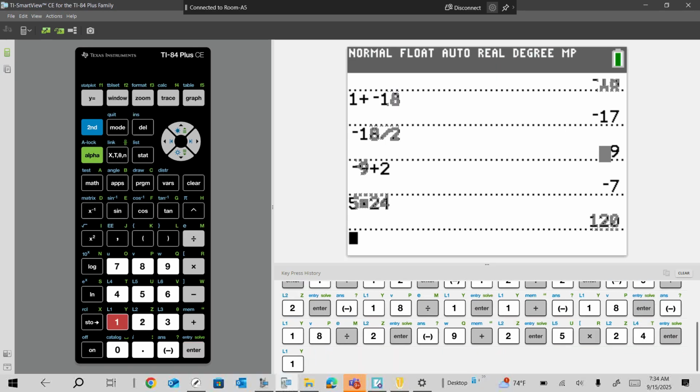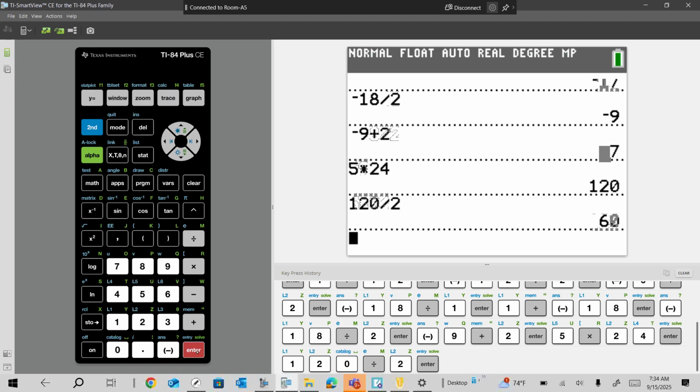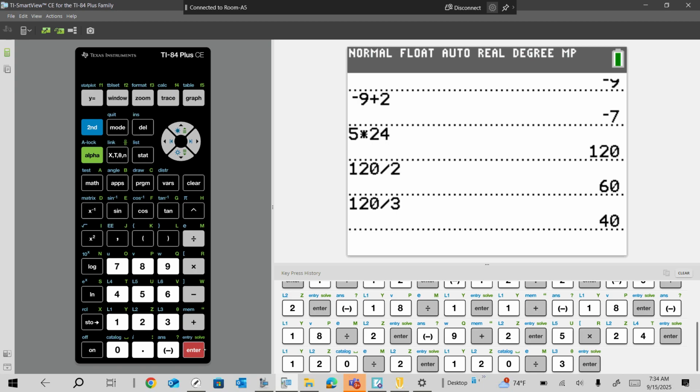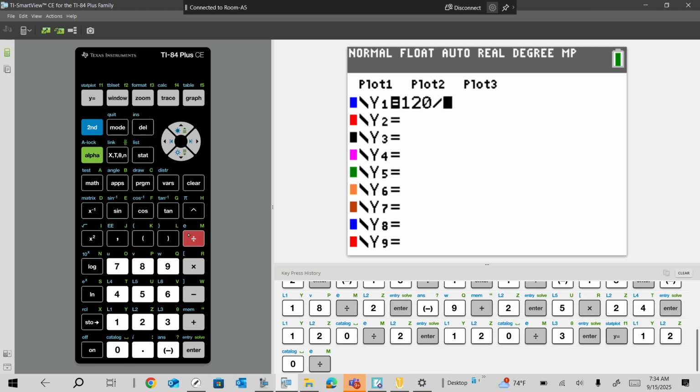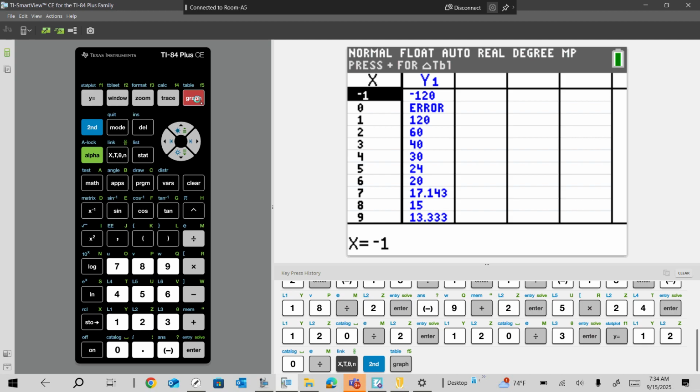So you can do 120 divided by 2. Well, that's going to be a sum of 62. Then go to the next number. Okay, it's the sum of 43. Or you can go to y equals, do 120 divided by x, and the second graph to look at your table. And if I go right down here to 4 and 30, together they would be a sum of 34.